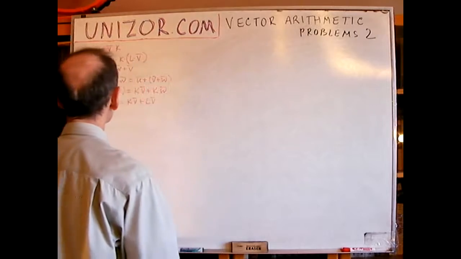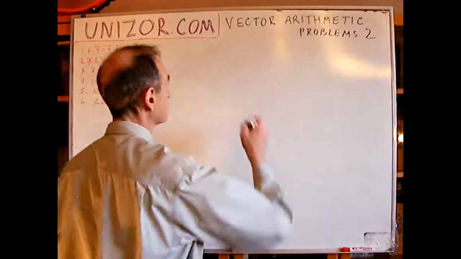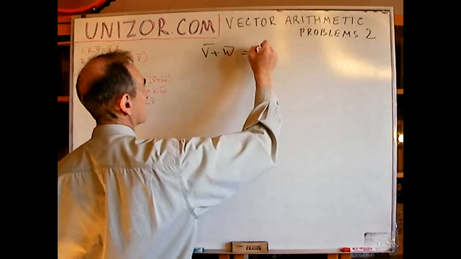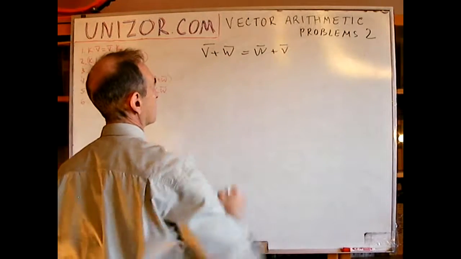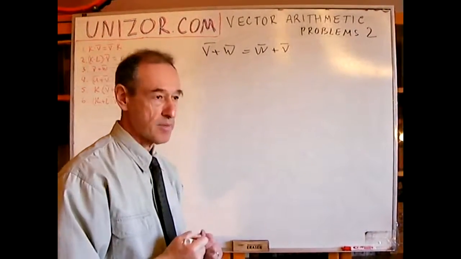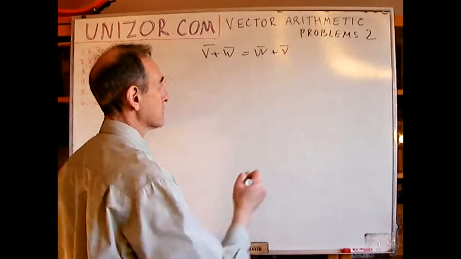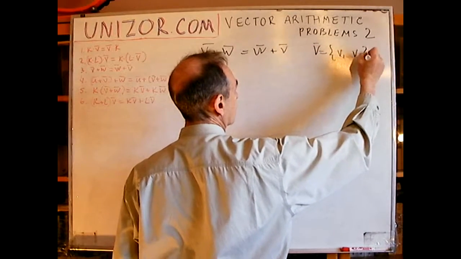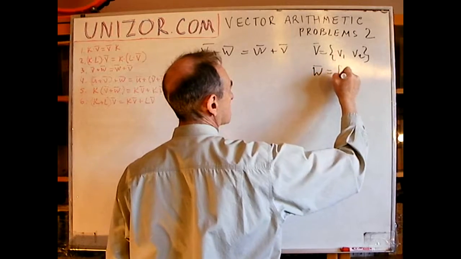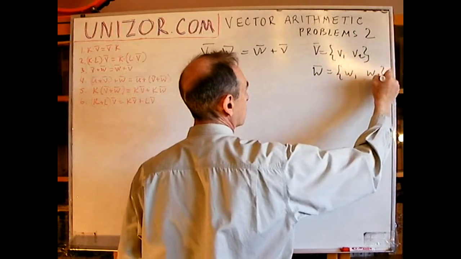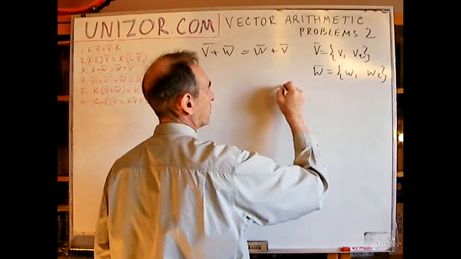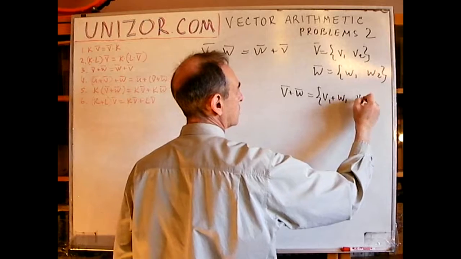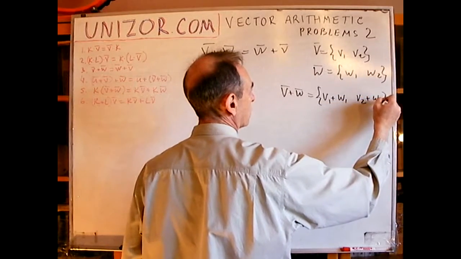Next, addition of two vectors is commutative. So V plus W equals W plus V. Okay. Same thing, very obvious from the representation. If V is (V1, V2), and W is (W1, W2), then V plus W is (V1 plus W1, V2 plus W2).